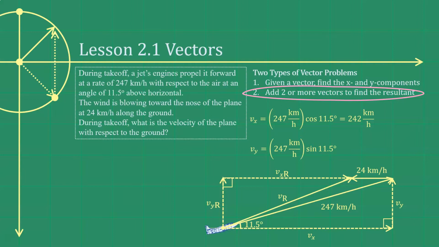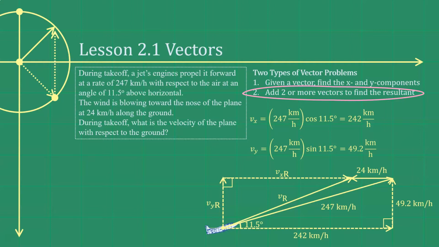If I calculate the length of that opposite side using the same technique, except this time with sine, I find that the opposite side is 49.2 kilometers per hour. I'm going to replace those velocity variables in my diagram down below with the calculated values that I just found using trig functions.